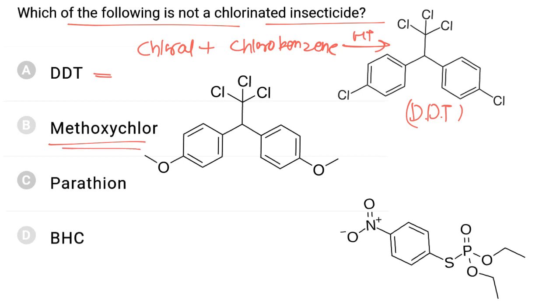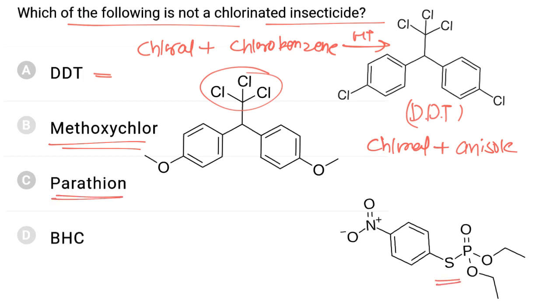Now methoxychlor is obtained when a chloral molecule is treated with anisole, methoxybenzene. Then we get methoxychlor, so this molecule also has a high percentage of chlorine. Parathion is a sulfur containing compound and none of the chlorine atoms is present, so this is not a chlorinated insecticide.